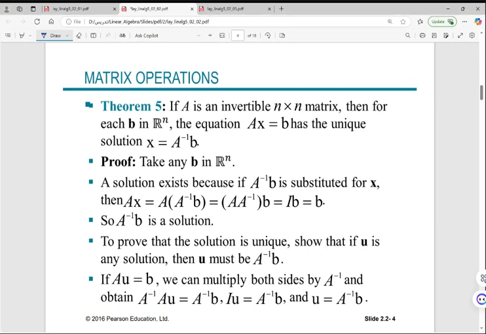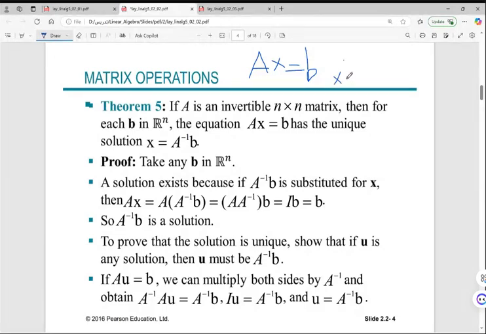Suppose that we have an invertible matrix A, and A is the coefficient matrix of a system of linear equations, Ax equals B. Then if A is invertible, for every B, for any arbitrary B, this system has a unique solution, and its unique solution is something like this.